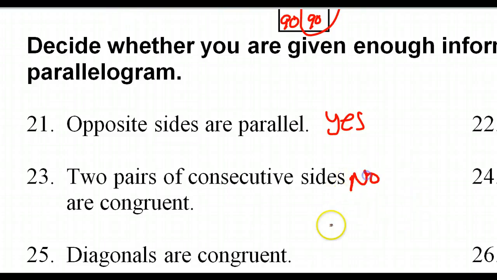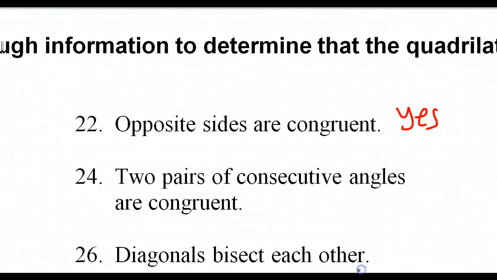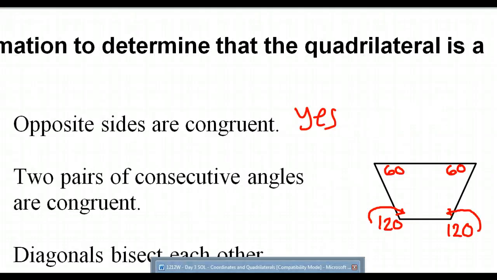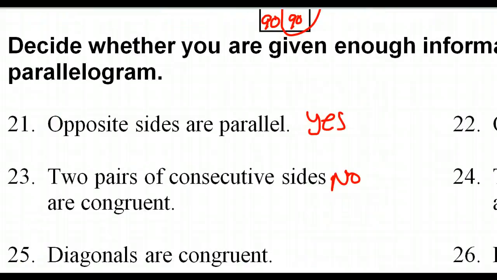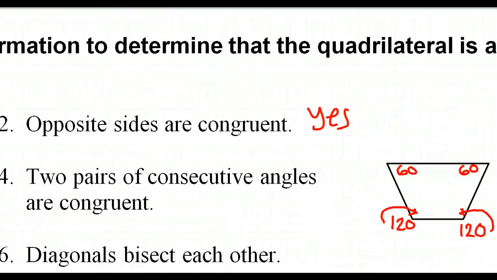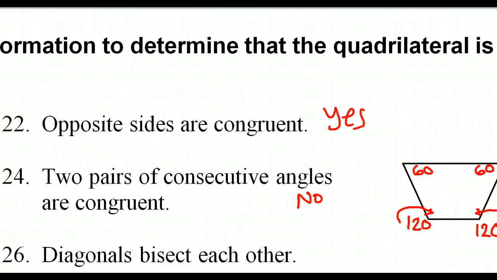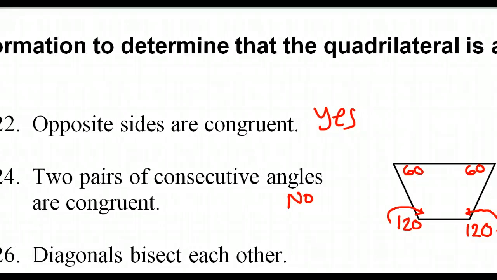That's not enough information. Number 24, 2 pairs of consecutive angles are congruent. I'm going to try to convince you that this is a no. It's definitely not on the list of possibilities. Anything about 2 pairs of consecutive angles are congruent.